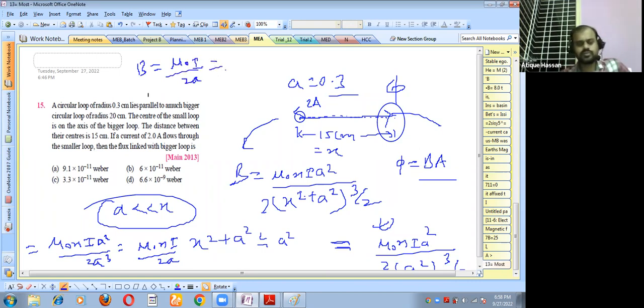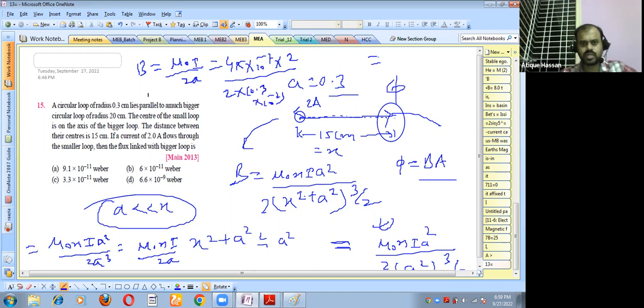So we'll put the values. Mu naught is 4 pi into 10 to the power minus 7, i is given as 2 ampere, and the radius is given as 0.3 into 10 to the power minus 2.